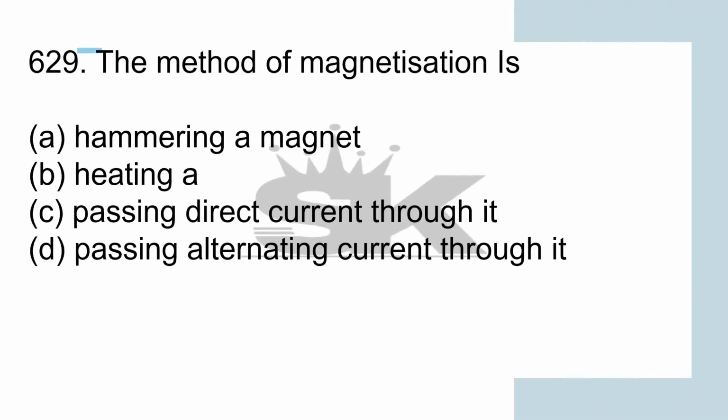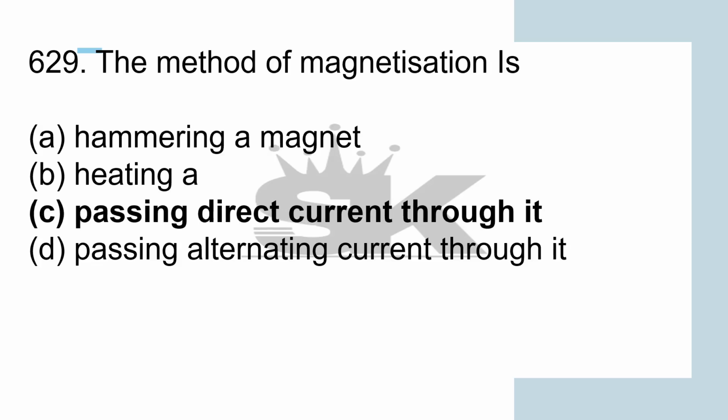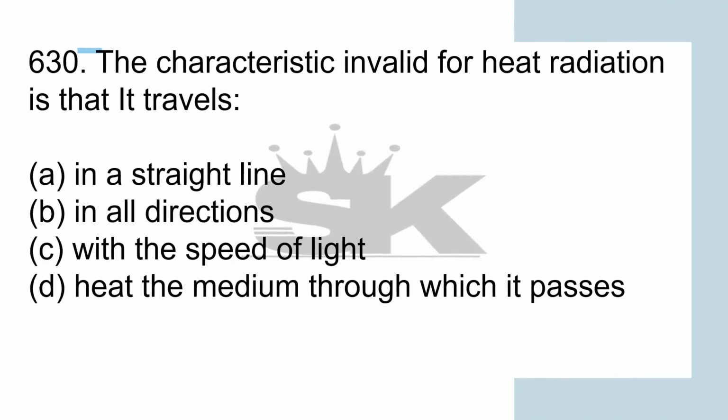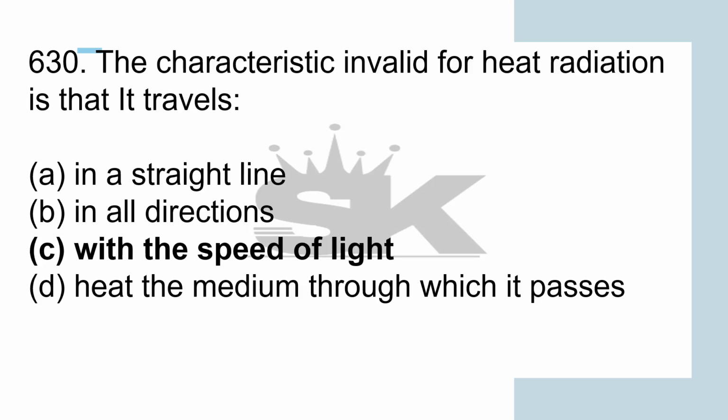The method of magnetization is passing direct current through it. The characteristic invalid for heat radiation is that it travels, it is the speed of light.